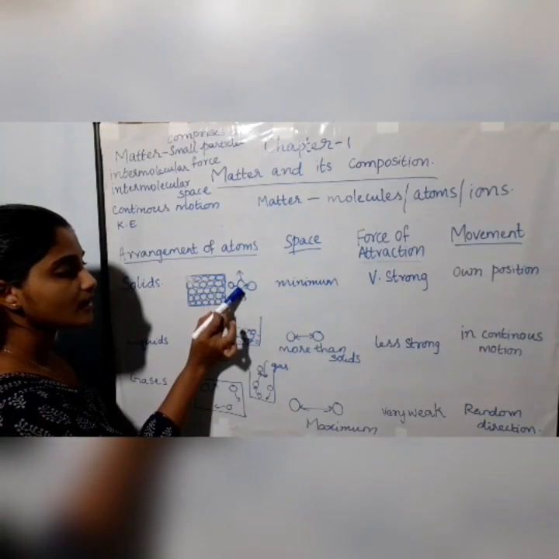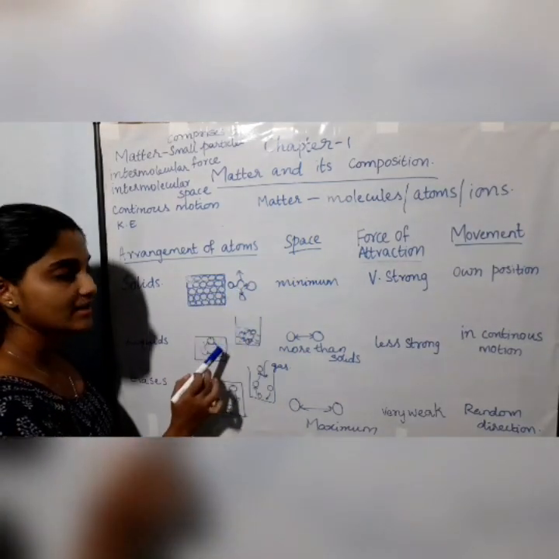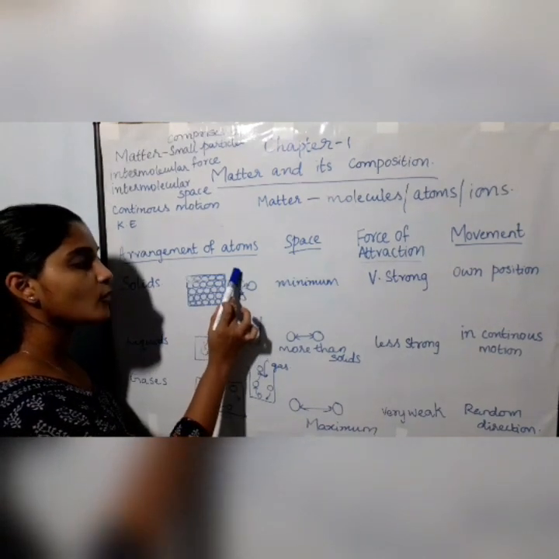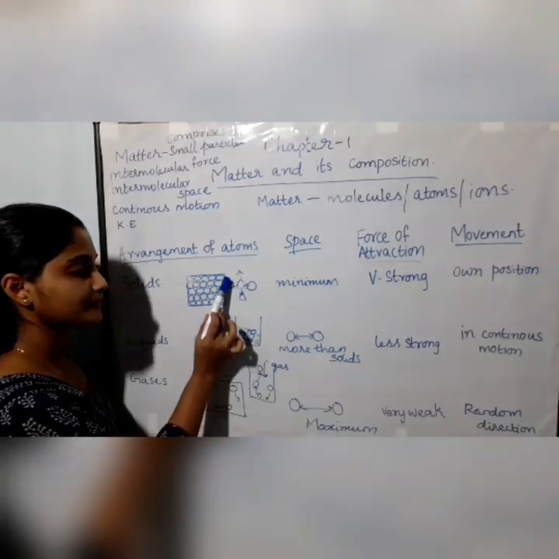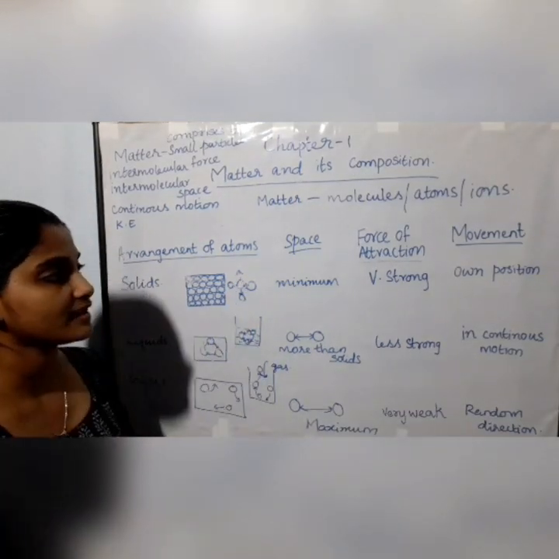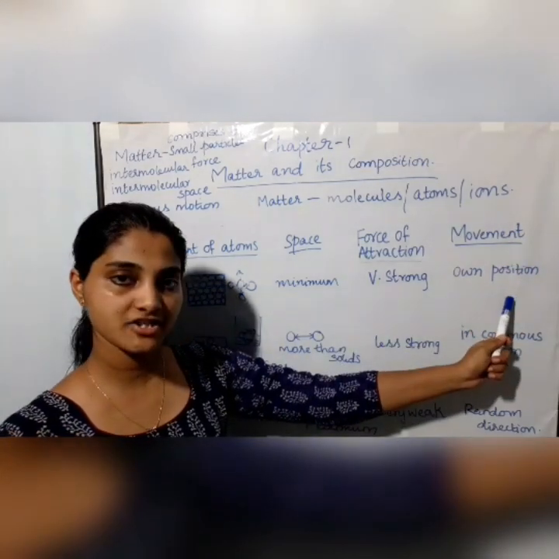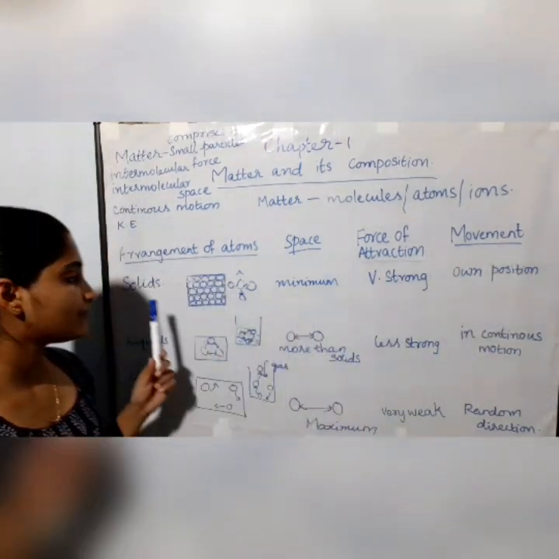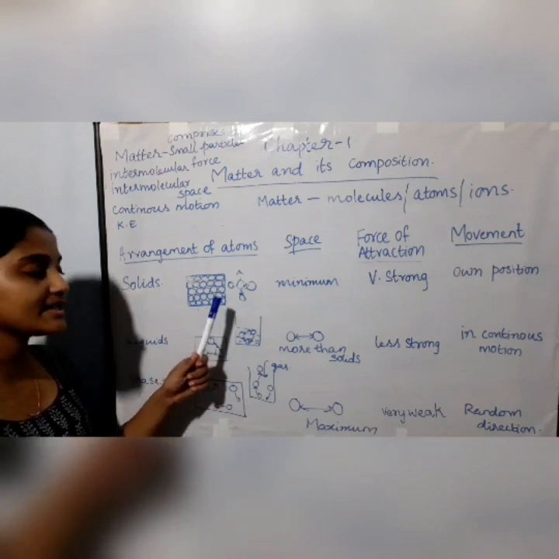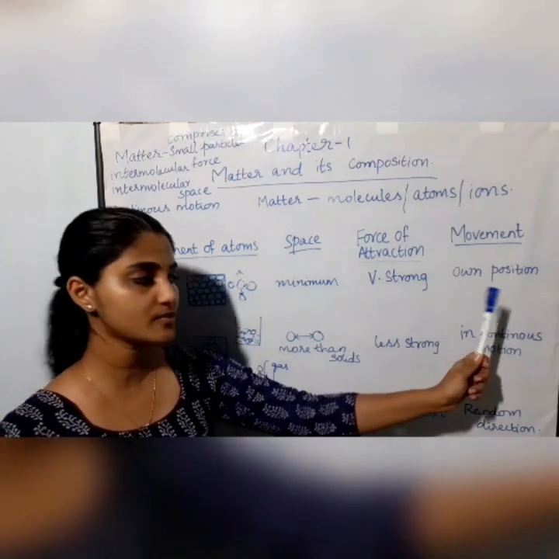They cannot move farther. So what happens? They move in their own position. All these atoms move in their own position. So that is what we have mentioned: the particles, that is the atoms or the molecules of a solid, move in their own position.